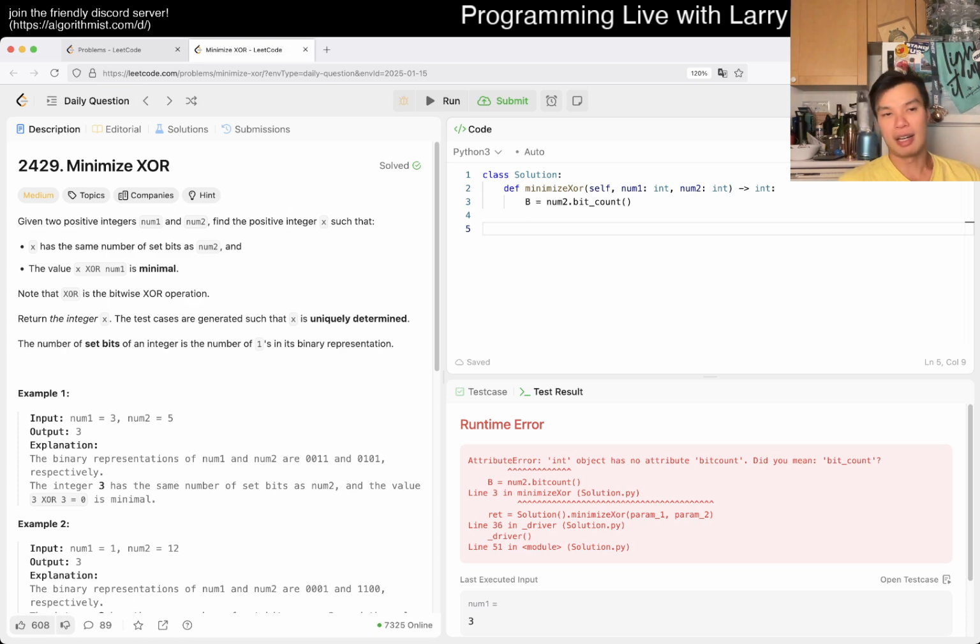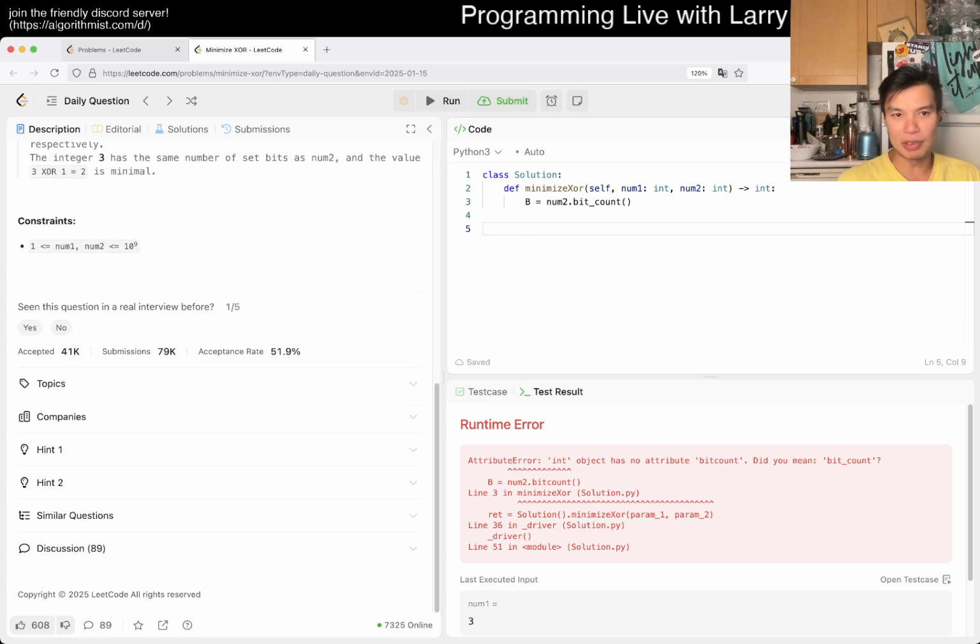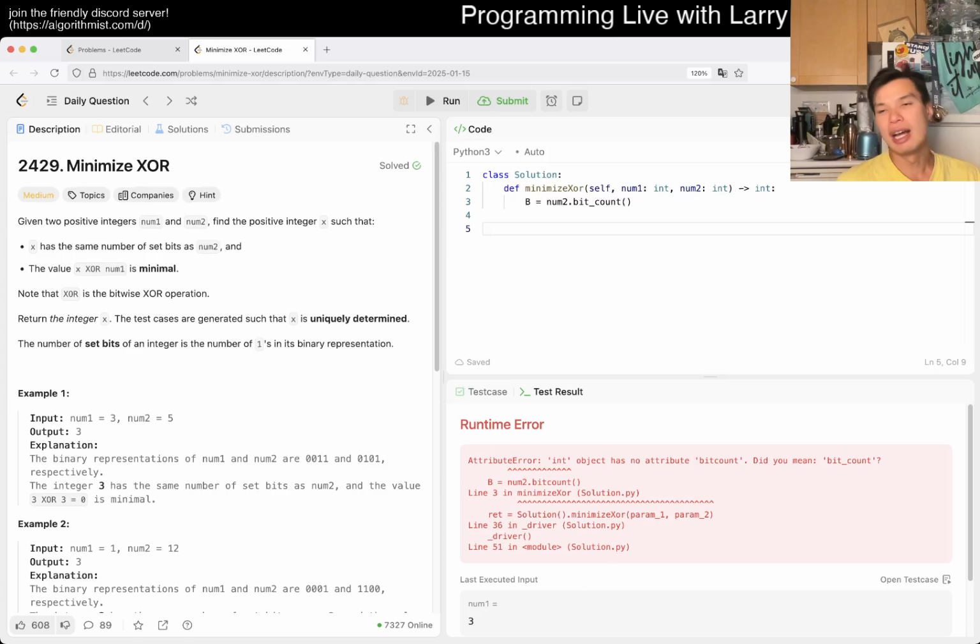There are 30 bits within the constraints, since it goes to 10 to the 9. If there are 15 bits, then it's 30 choose 15, which is a very big number, right? Is that true? Am I lying to you? Okay, 30 choose 15 is actually not that big relatively, but still too slow for this problem, I believe.